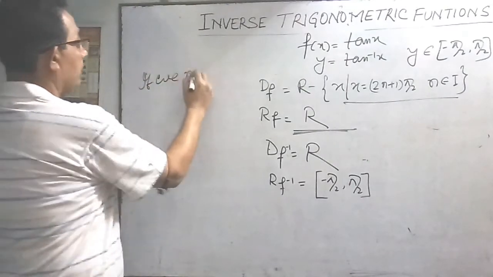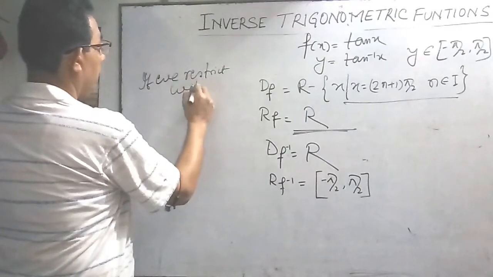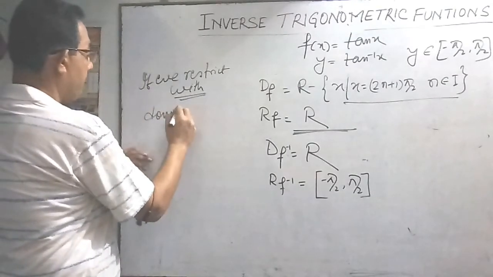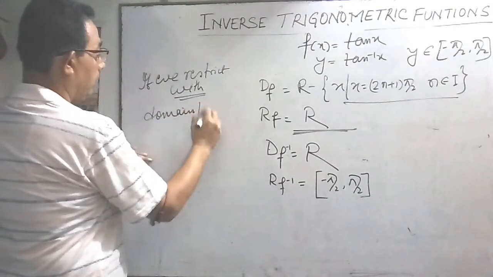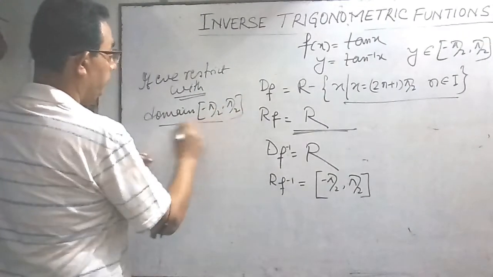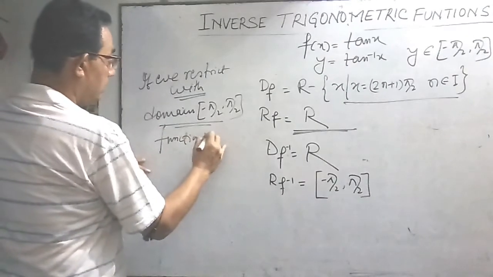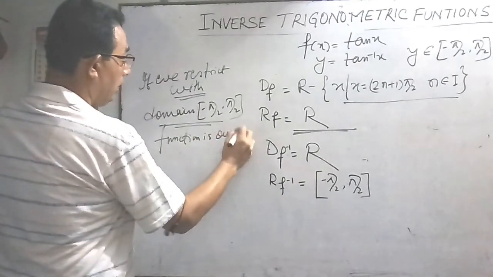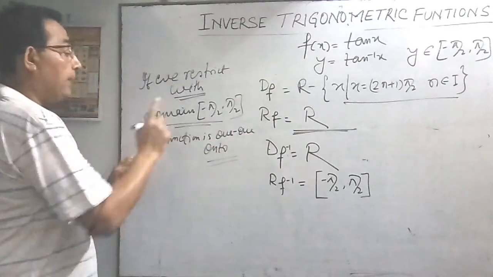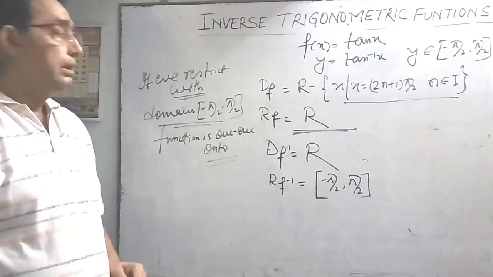If we restrict the domain to minus pi by 2 to pi by 2, the function is one-one. Or else you have to be strict with these two values. Then you will get this answer.